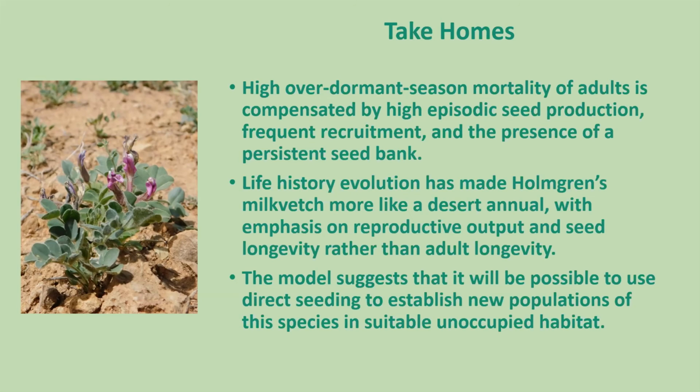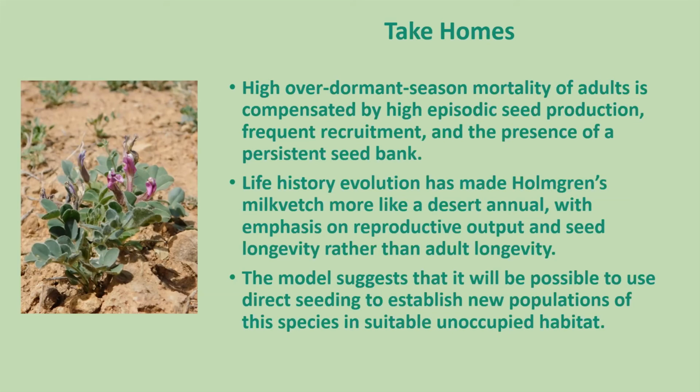Because these are, here's a $10 word for you, hemicryptophytes, which means they're perennials that go dormant, that have their meristem right at the surface. And the surface of the soil in the Mojave Desert can be 60 degrees centigrade or higher in the summer every day. And that's a hard place for a dormant meristem to survive. That's why there's such high mortality, probably.